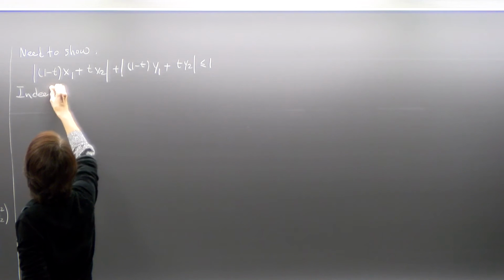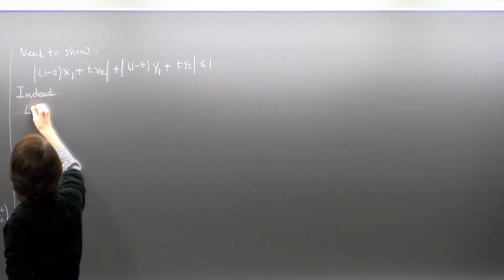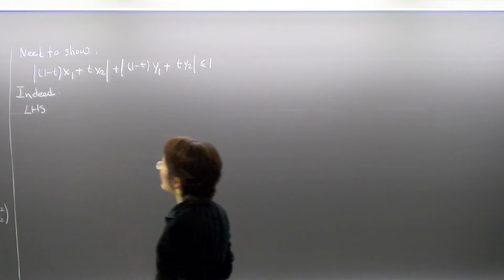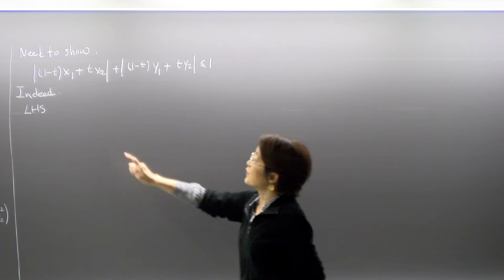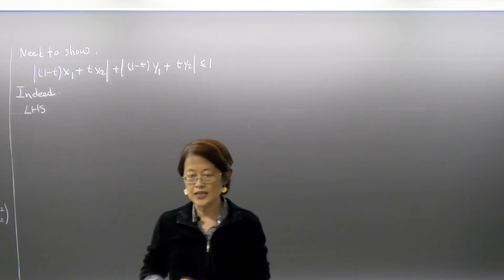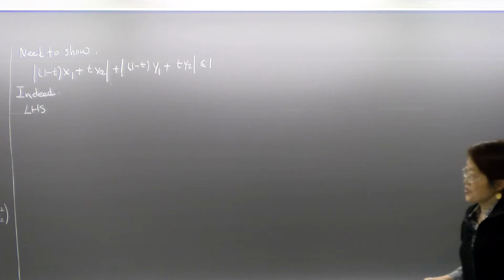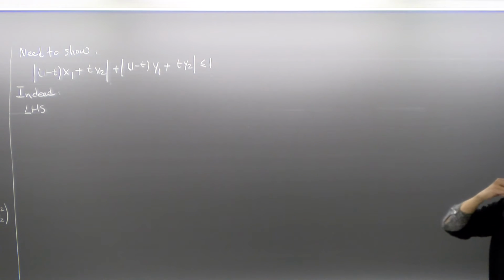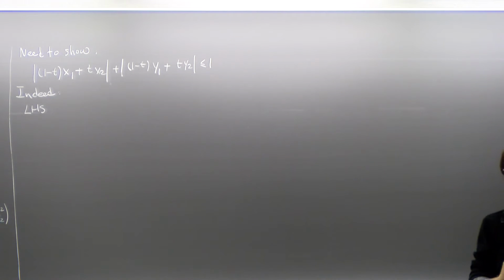Indeed I can do so. Let's take a few steps. The left-hand side has a first term with a sum in the absolute value, so a standard trick is to use the triangle inequality. Do we know the triangle inequality?